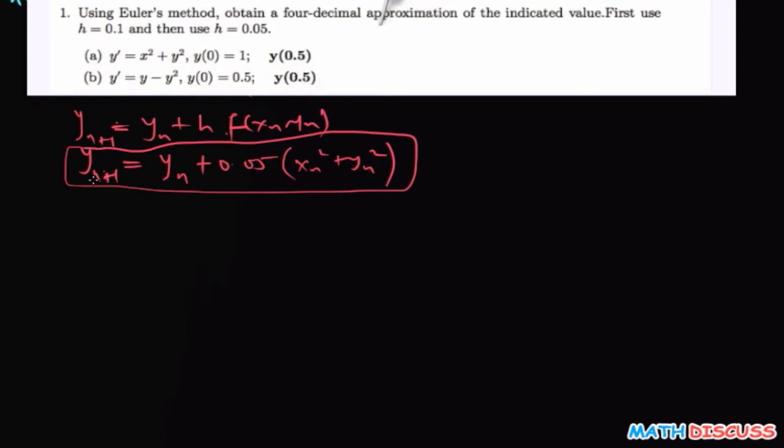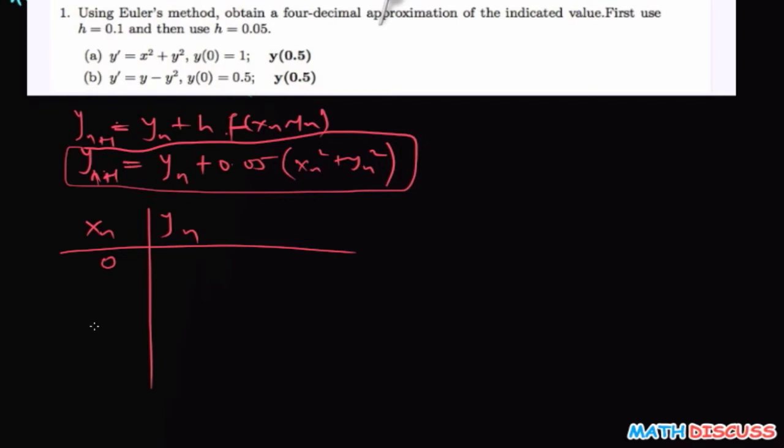So that's what we're going to have. Like we did before, you have your x and here you have your yn, and we're starting with 0, which is the initial condition. Now we're going to 0.05.